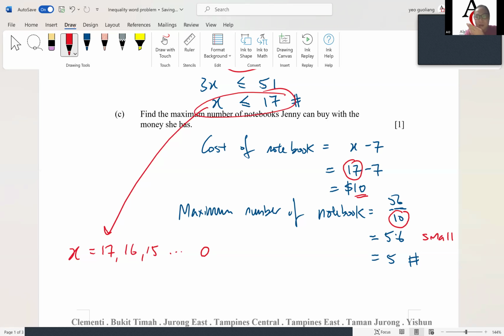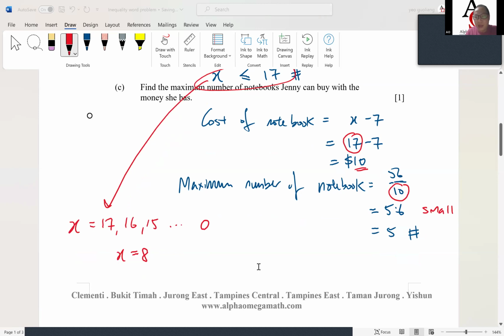Now, can I take 15? Can I take 16? Can I take 5? What would be a good number? Actually, the best number to work with would be 8. Why would 8 be a good number?